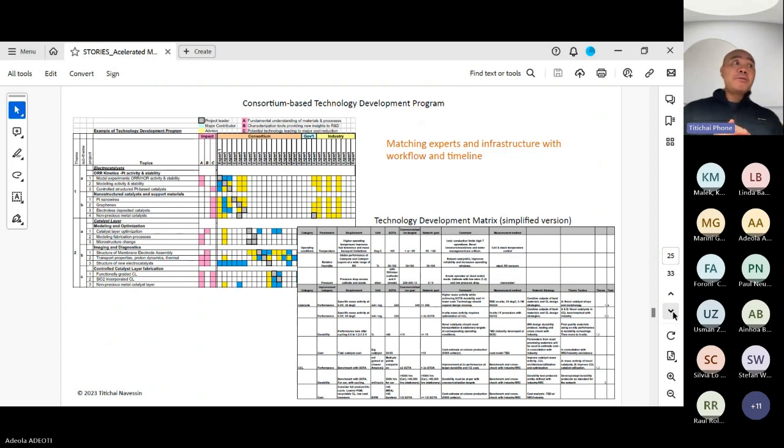The graph on the left essentially shows a matrix of different expertise that you need, that you basically slot in various topics and disciplines in order to bring about this technology development. This is all to say that matching expertise and infrastructure with the workflow and time is a massive amount of effort, and executing that and driving it down the value chain.